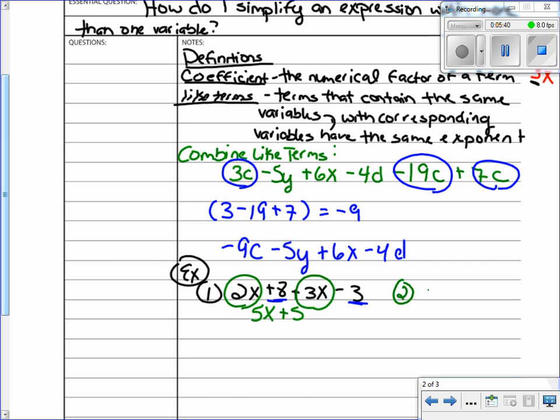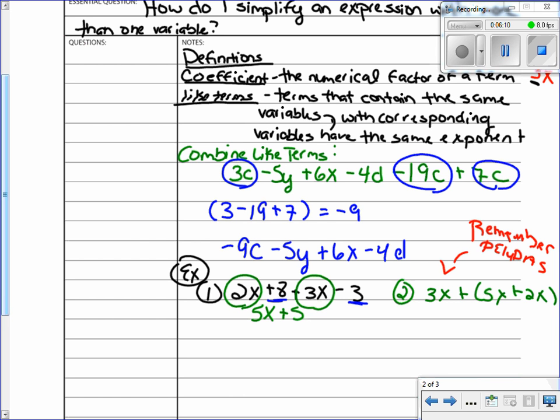Example 2: 3x plus the quantity of 5x plus 2x. Now before we get started, we have to remember our PEMDAS. So let's make a little note. Remember our order of operations. The P is for parentheses, so we want to solve inside the parentheses first.